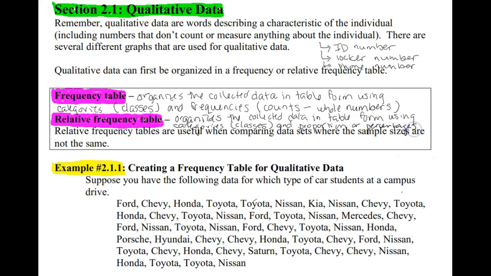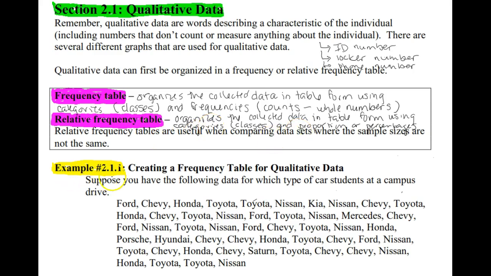Here the frequencies are relative to the sample or population size from which the data was taken. Relative frequency tables are useful when comparing data sets where the sample sizes are not the same. And typically when we report out on qualitative data, we usually speak in terms of proportions, or more oftentimes percentages.